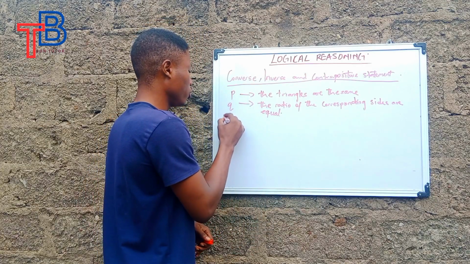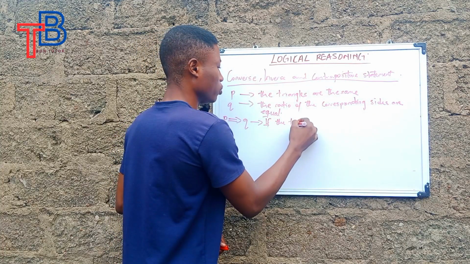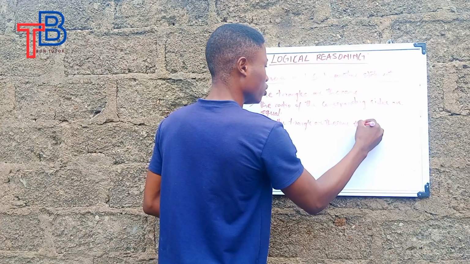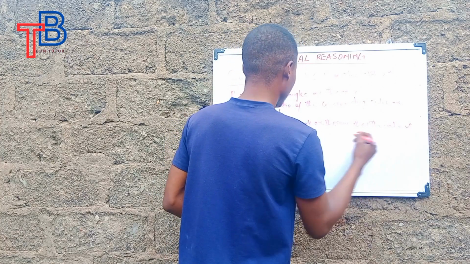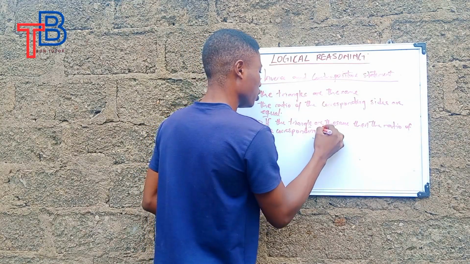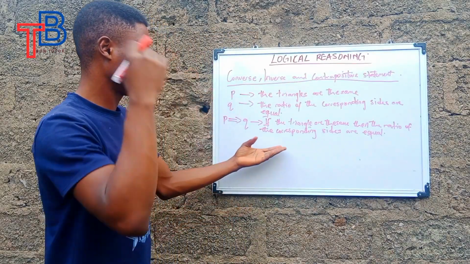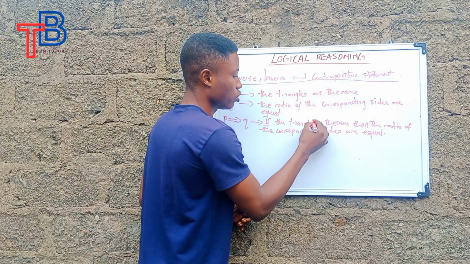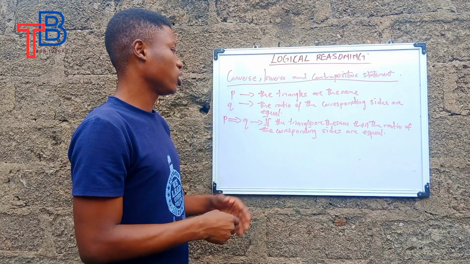It will be P implies Q. We will say, if the triangles are the same, then the ratio of the corresponding sides are equal. That would be the conditional statement for it.